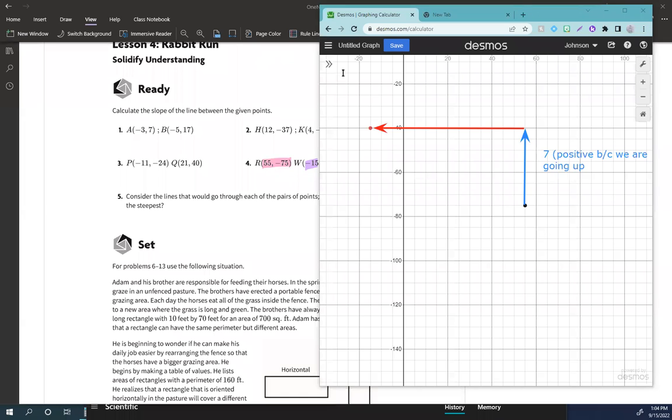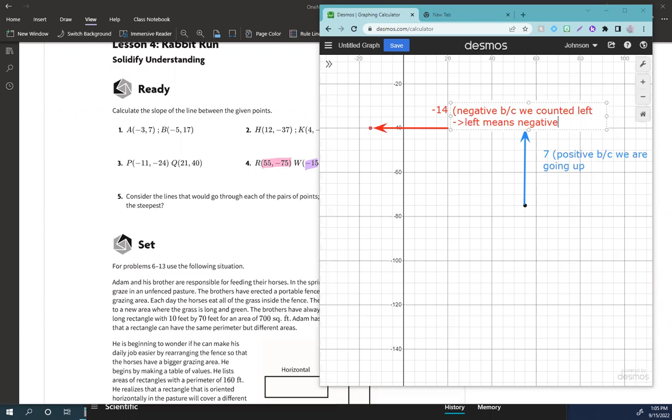So when I write this out, it's a negative. Oops, I want this to be red because I want it to match. It's negative 14. Why is it negative, Miss Johnson? Because we counted left, and left means negative.